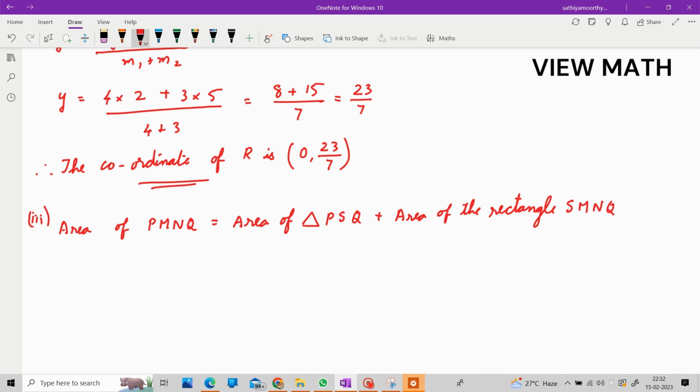Okay. Now I know the area of the triangle formula, which is nothing but half into base into height, plus what is the area of the rectangle? Length into breadth.